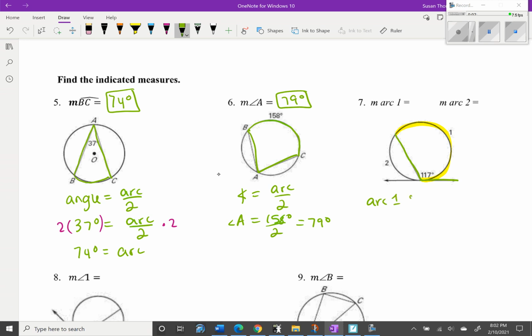So again, remember that the angle equals the arc divided by 2. So in this case, the angle is 117 degrees equals arc 1 divided by 2. So multiply by 2 and you get 234 degrees equals arc 1.